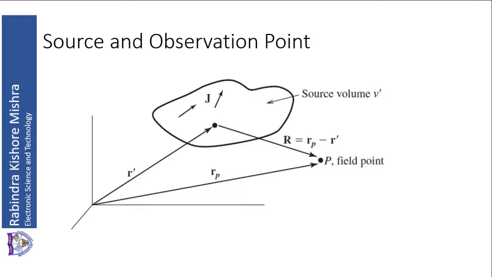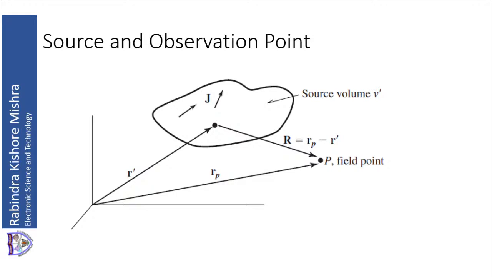So the vector connecting the source point to the field point is capital R. Since this is a vector diagram, R dash, RP and capital R form a vector diagram. In this vector diagram, R dash plus capital R is equal to RP. Therefore, capital R is equal to RP minus R dash.